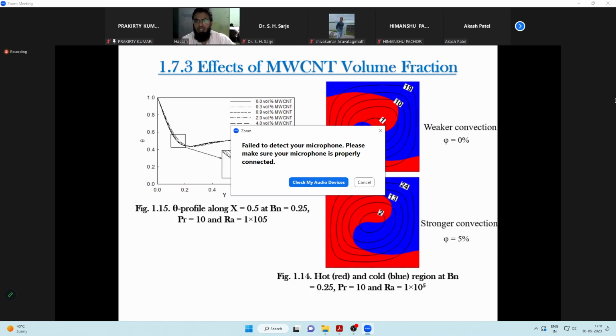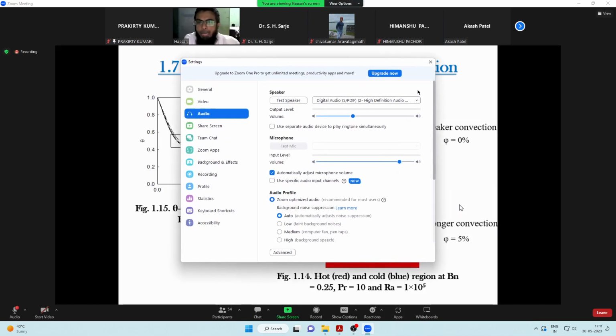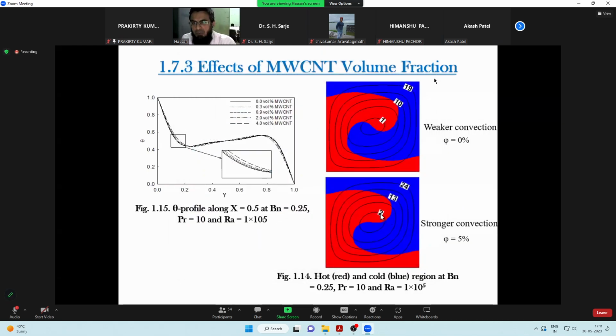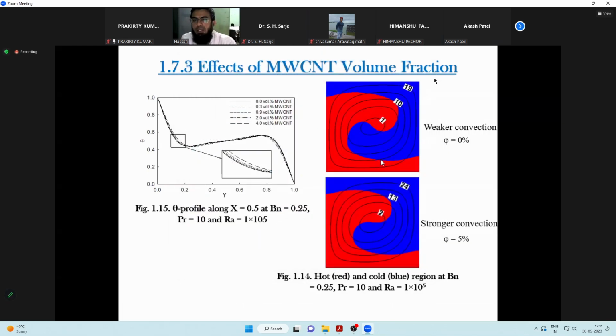You can see that with the introduction of nanoparticles, the strength of stream functions is increasing. For the same locations, it was 1, 10, 19, whereas it was 2, 13, and 24 when the nanoparticle is present.